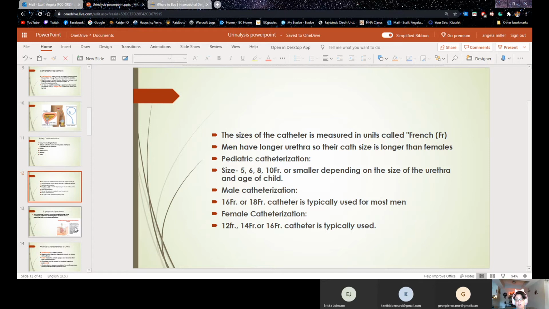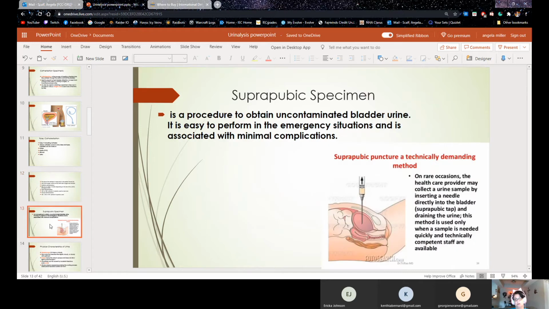Now there are other ways we can collect urine. I have seen this done in the ER actually a couple of times. One case was a woman who had been in a multi-vehicle, bad car wreck, and her pelvis, especially the lower region of her body, was extremely mutilated.